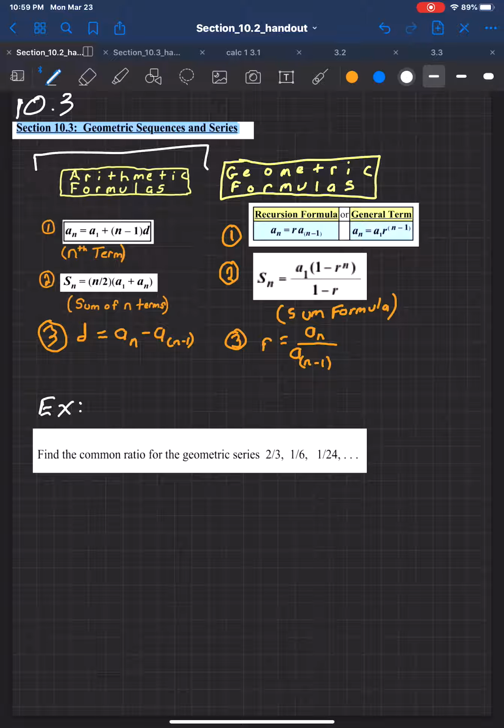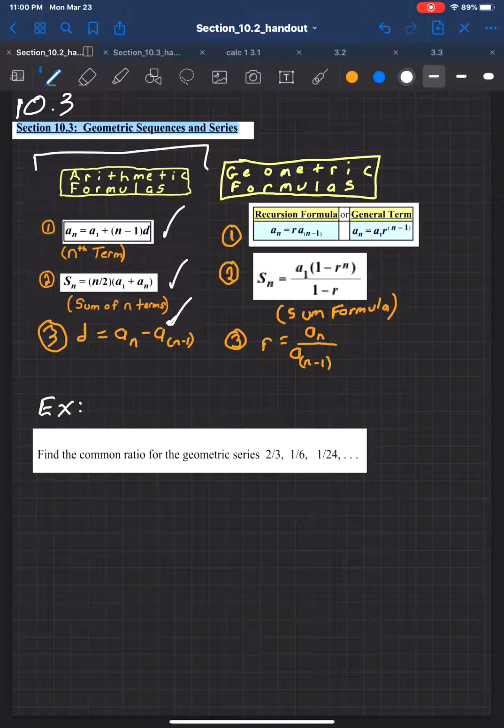In the previous video we were talking about arithmetic formulas, and we wanted to have a formula for finding the nth term, and we wanted a way of adding up an amount of terms, and both of those required us to know how the terms in the sequence changed from one to the other, right? The common difference.